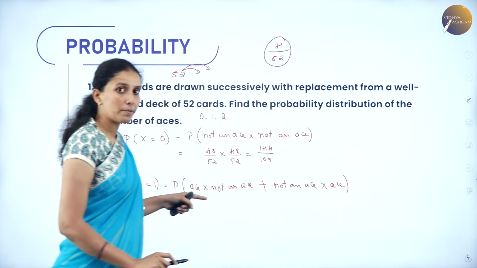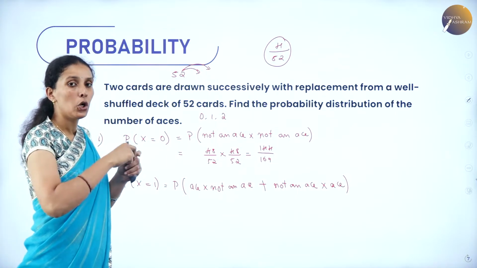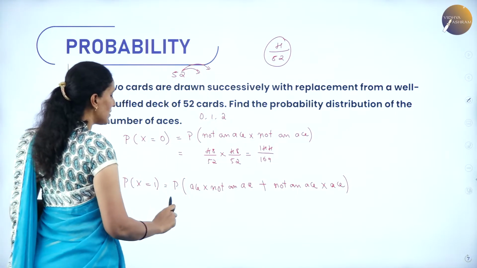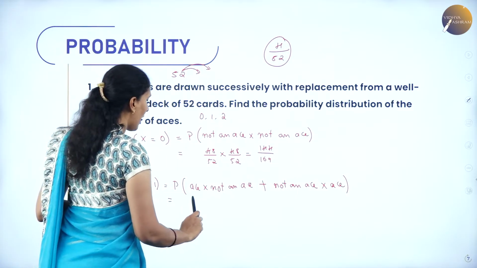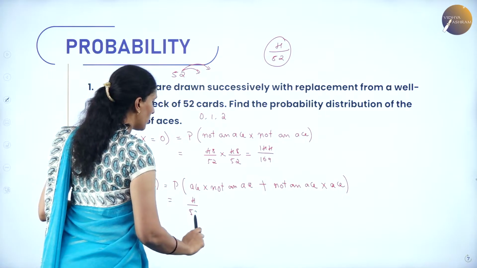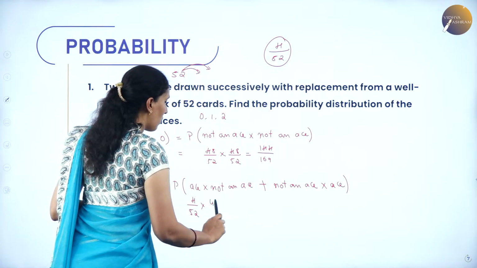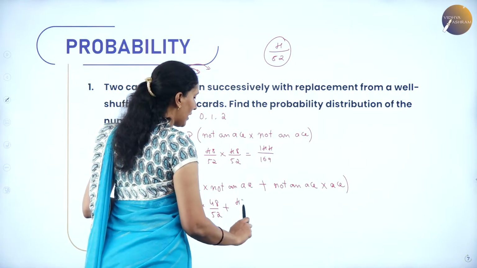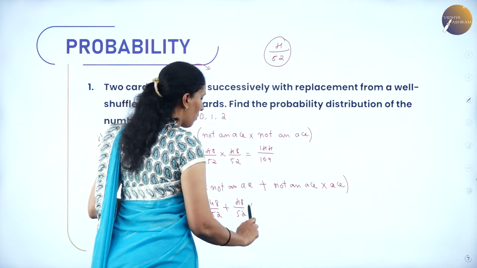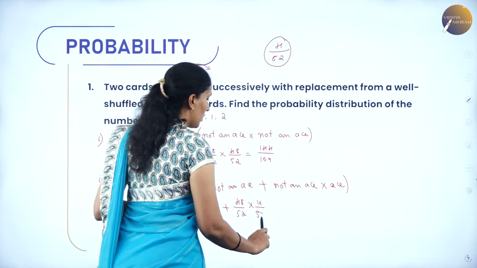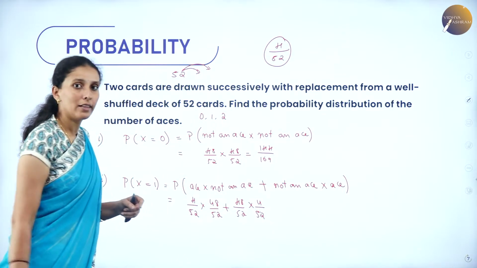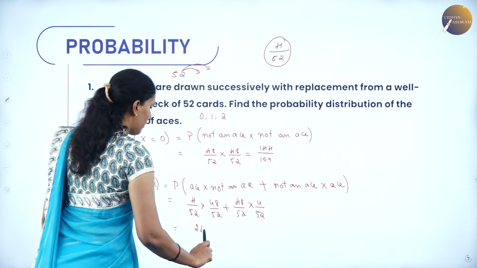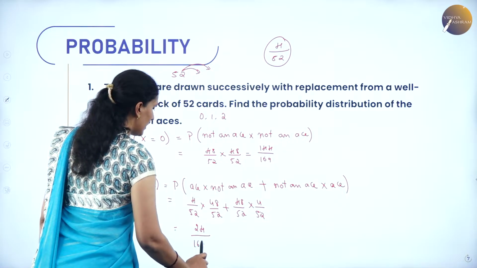So, these are the options I can have when I take 2 cards. What is the probability value for an ace? We have 4 out of 52. And here it is 48 by 52. Next, 48 by 52, 4 out of 52. Again, when you solve this, the value is 24 by 169.